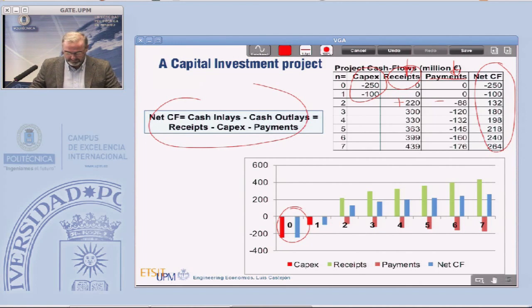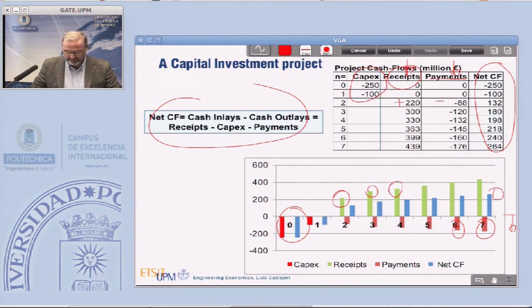So we have here the capex, below zero, and the payments, the outlays. In green we see the receipts, and the net cash flows are the blue ones.